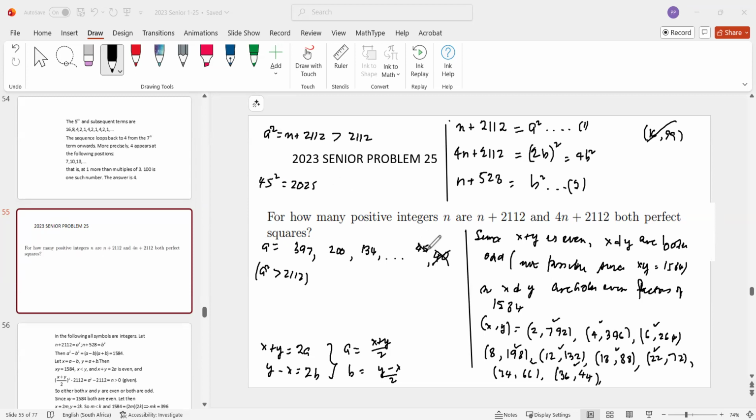So even 45 is out. But all the other ones are bigger, right? So instead of the 9 solutions we saw here, you have to eliminate the last 2. Therefore, there are 7 solutions. So the answer is 7 solutions. It's quite a demanding question, this.